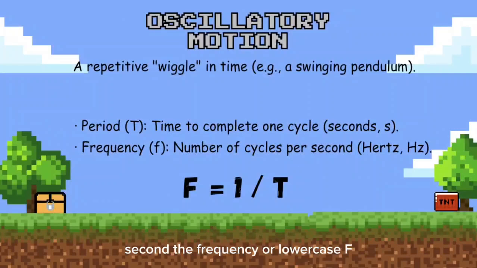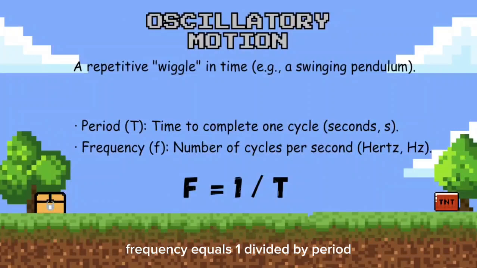Second, the frequency, or lowercase f. This is the number of cycles that occur every single second, and we measure it in hertz. These two concepts are intimately linked. They have an inverse relationship, as you can see from the formula.